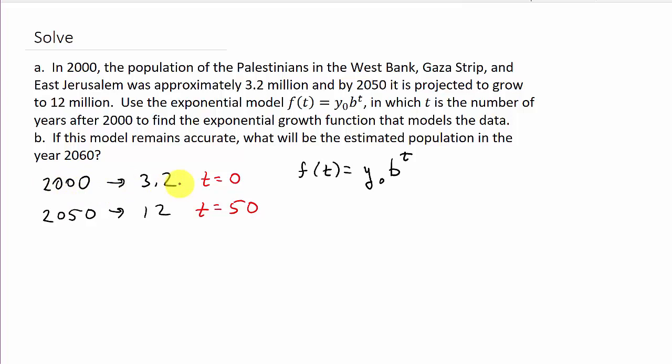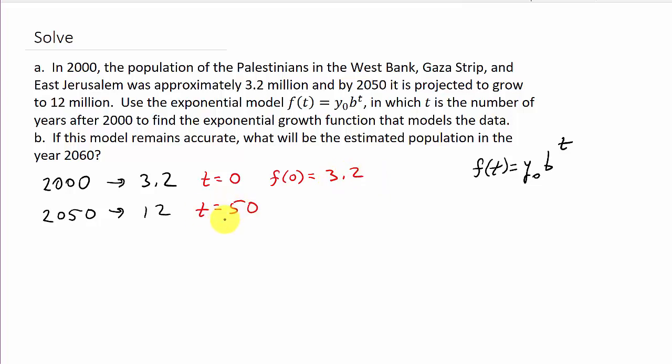All right, so let me erase this and get it out of the way. I'll rewrite it over here. f of t is y naught b to the t. What this is saying is that if we plug 0 into this function, so f of 0, we should get 3.2 as an answer.